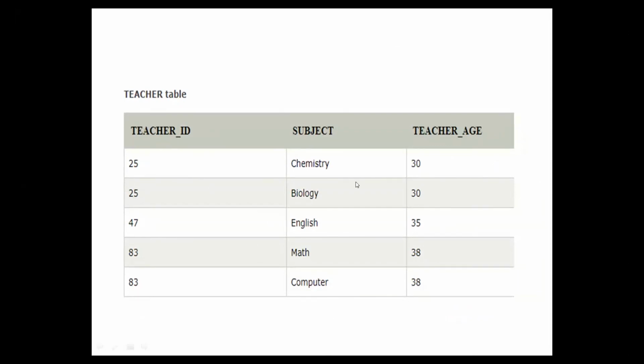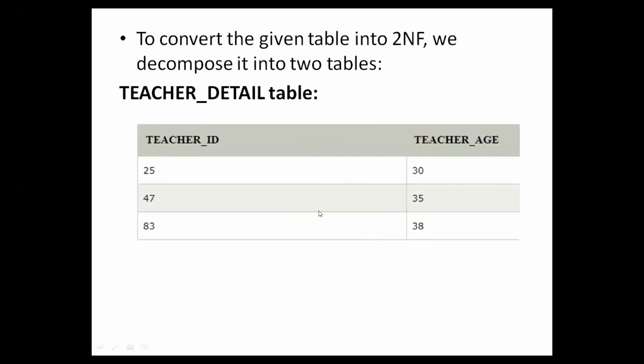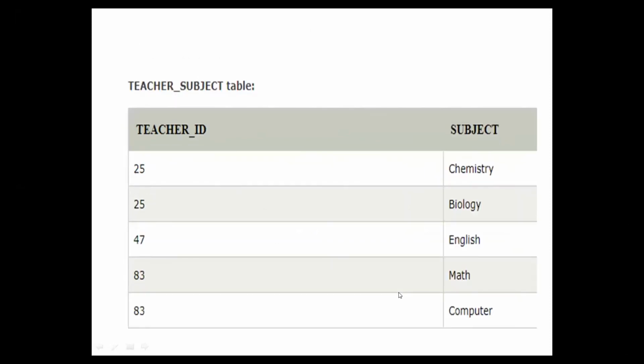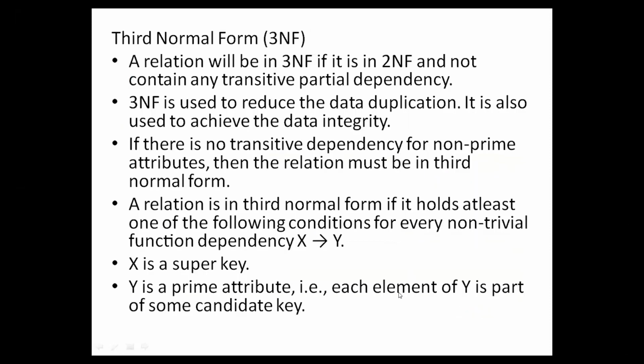So one table will be teacher ID and teacher age. The other table will be teacher ID and teacher subject. So in this way, all your non-key attributes are functionally dependent on your primary key.